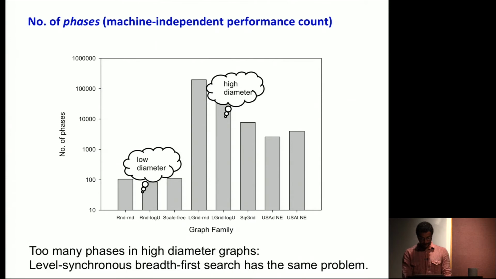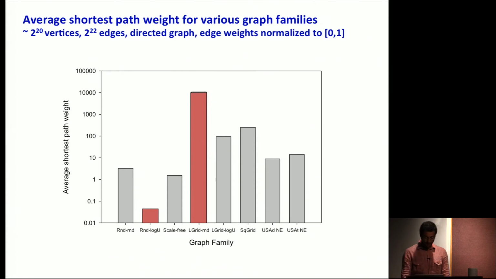So you'll see that this is the number of phases the algorithm takes on the y-axis. And on the x-axis, there's a bunch of different graph families. So the algorithm takes a lot of phases for high diameter graphs, expected, right? And the average shortest path weight is also another determinant of the performance.